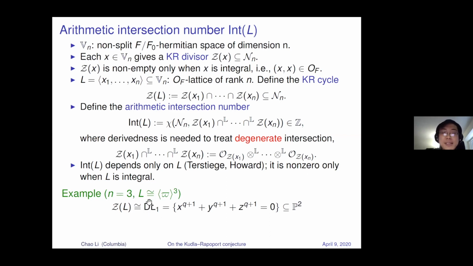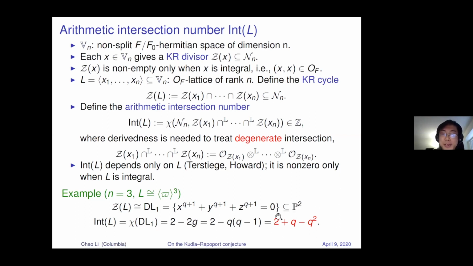It is in fact exactly isomorphic to the Fermat curve of degree q+1. You can also compute this intersection number, the integer, and in this case it's equal to the Euler characteristic of this Fermat curve. But it's a plane curve, so I have no trouble computing this Euler characteristic. I plug in the Euler characteristic formula, and it's given by this number, 2 plus q minus q squared.